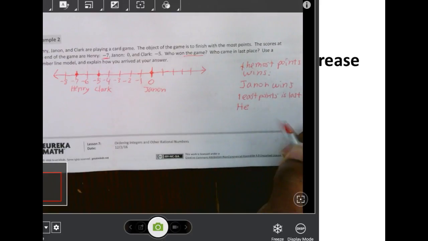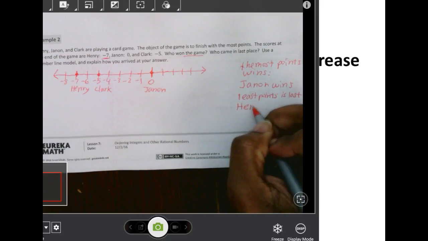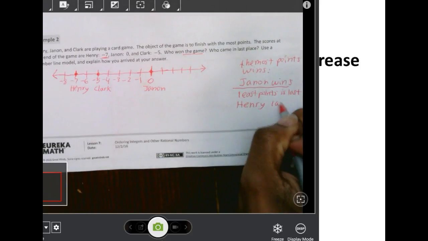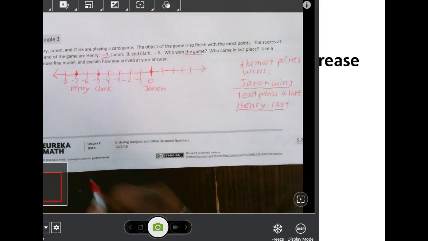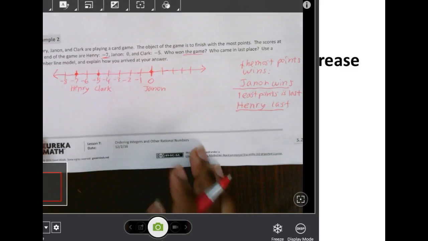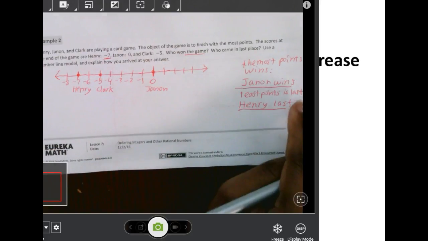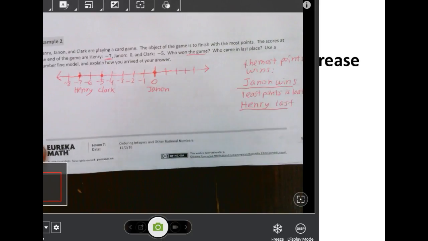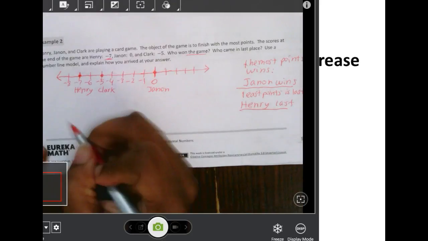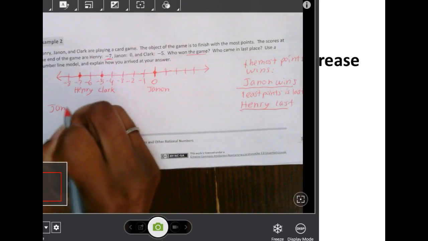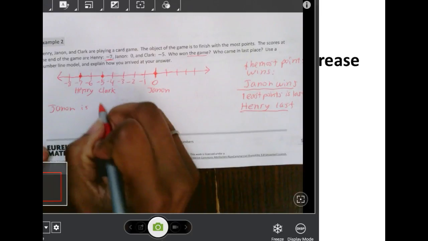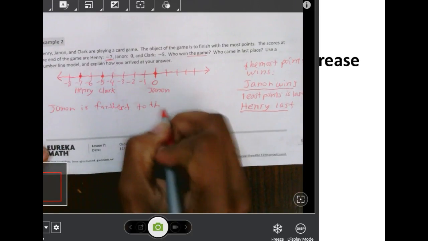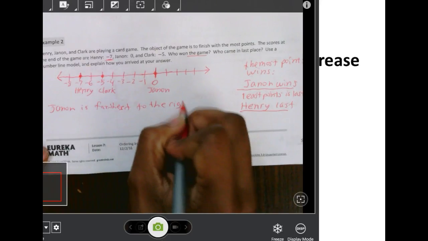He is last. All right. So why do we say Janet wins? Because she has the most points, and she is to the right. And Henry is farthest to the left.